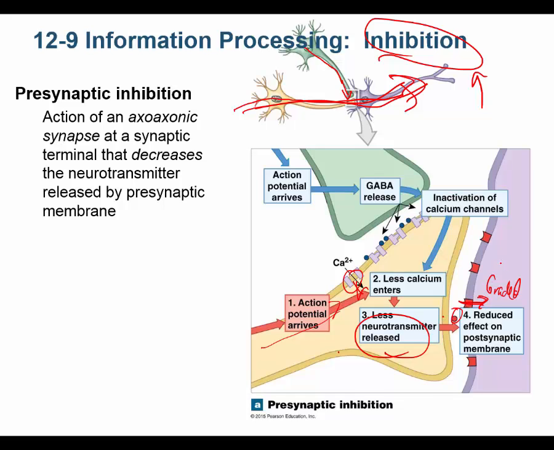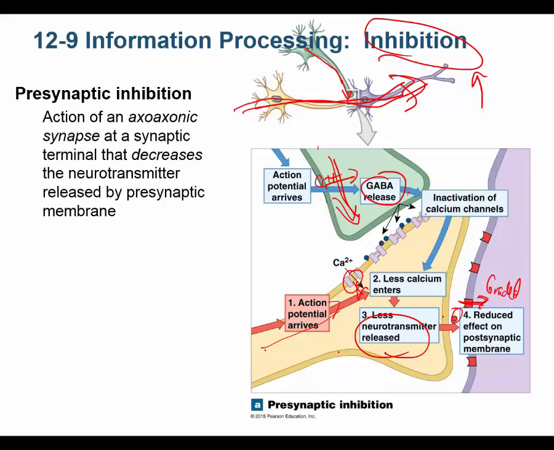How do I have less neurotransmitter released? Simple. Here's the axon of my green neuron. The action potential comes down, voltage-gated calcium channels open, calcium rushes in, calcium makes the synaptic vesicles fuse and release, but they are releasing GABA, an inhibitory neurotransmitter. GABA binds the calcium channels in my yellow neuron.